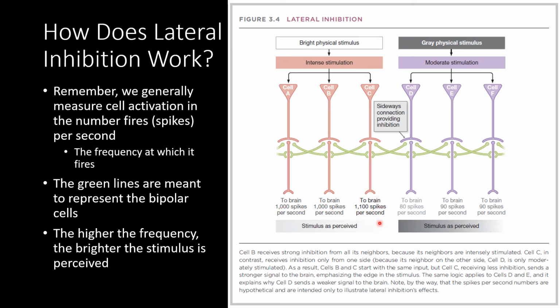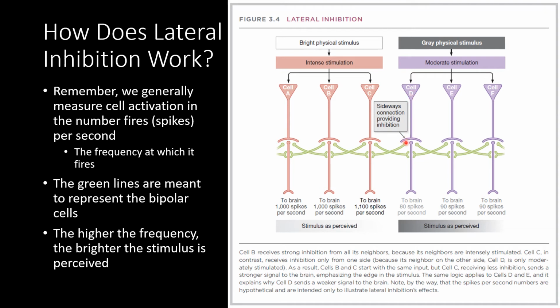This one, however, is a little bit different. This is a neuron that is brightly stimulated, firing at a very high frequency. It's being inhibited strongly from this side, but from this side, it's not being inhibited as strongly, because this cell is only firing at about 80, let's say 100 if you wanted to be specific.